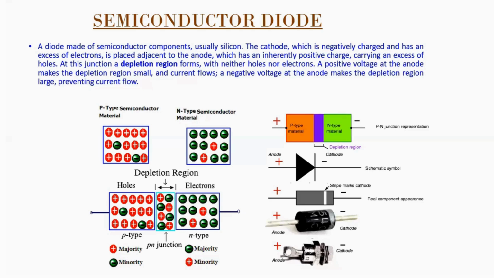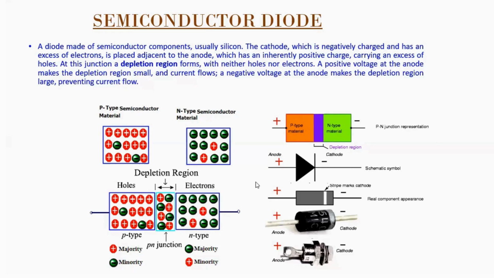Now, you can see on this slide there is a P-type material and an N-type material. P-type material is given in orange color and N-type material is given in green color. In between, you have a blue, violet color region. Please remember what P-type and N-type material are. Semiconductor material is divided into two types: P-type material and N-type material.